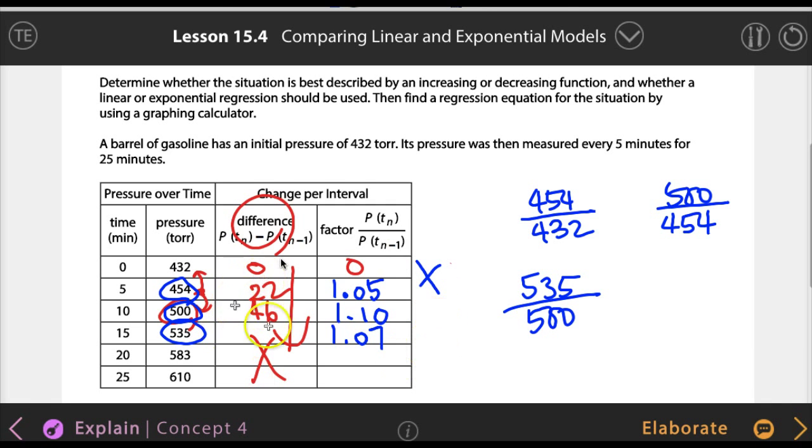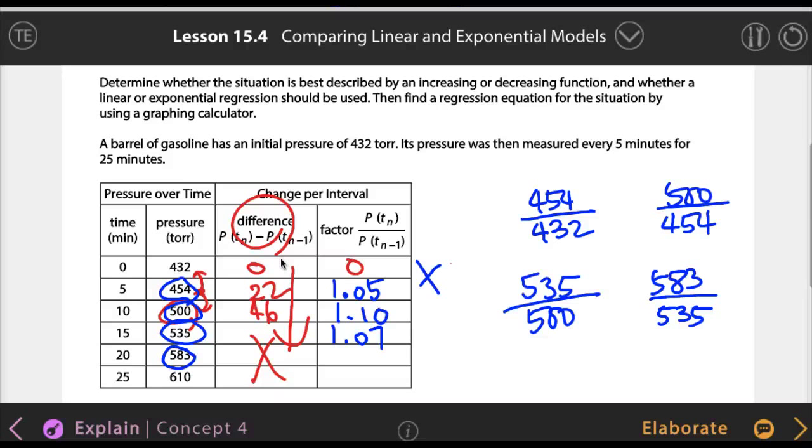But you know what? I'm looking at the difference here and there's drastic changes. But these numbers are kind of similar. So I'm going to take a chance and see if this is an exponential function. Let me just finish this up just because I'm curious, okay? So 583 divided by 535. I should write this down somewhere else as I do this. 583 and 535.